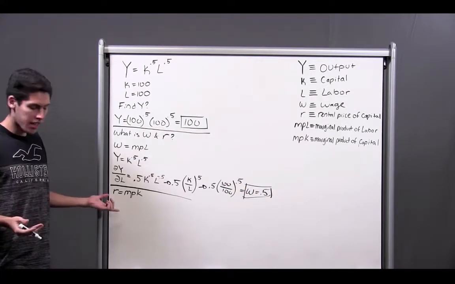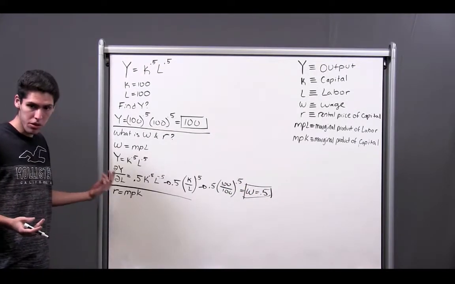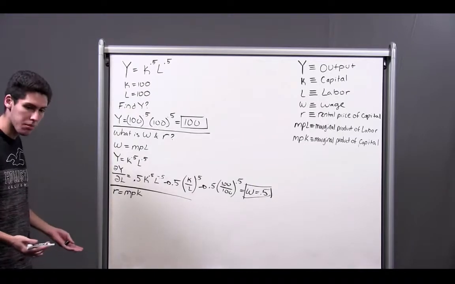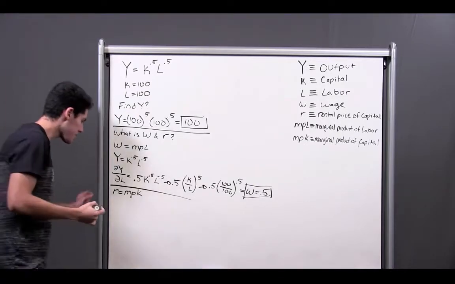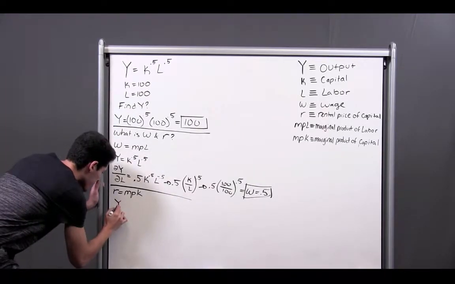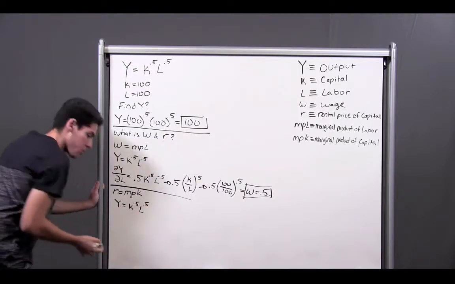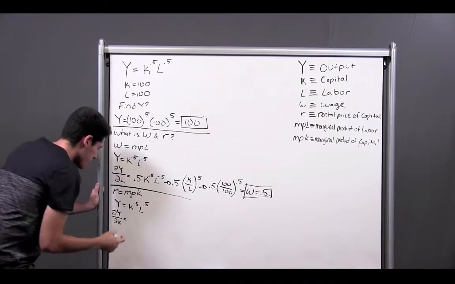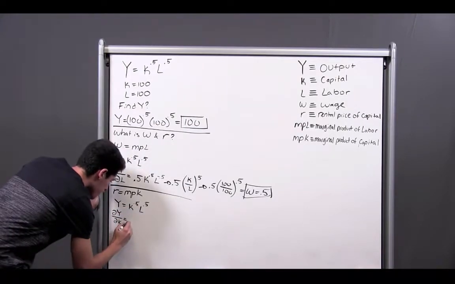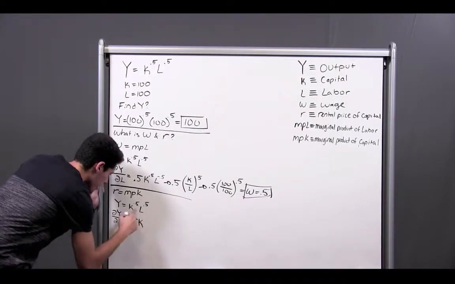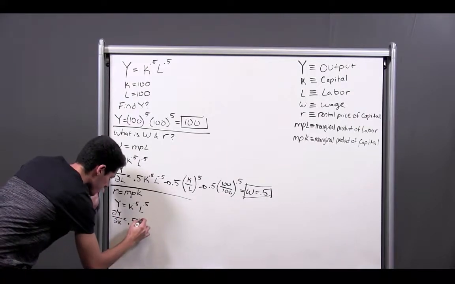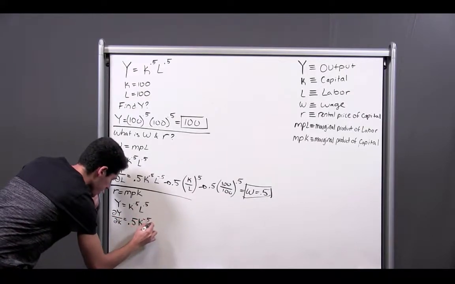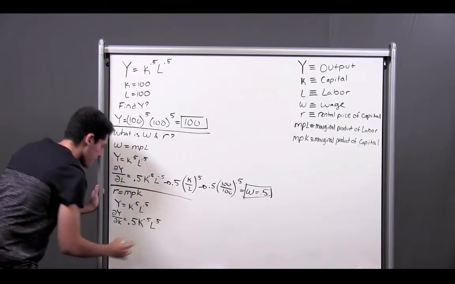So next we'll be finding the rental price of capital, which we know is equal to the marginal product of capital, and we'll just repeat the same process. We get our output function, we take the derivative with respect to capital this time, and that should be, this exponent comes down and gets subtracted by 1, so negative 0.5, and the L remains the same.